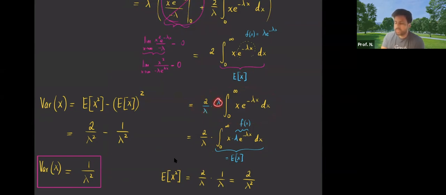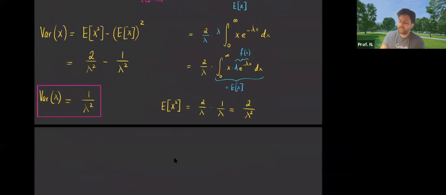But I do so because it conveniently helps me simplify my computation. Again, I could have just continued on my merry way and I still would have gotten 2 over lambda squared. I would have just had to do more integration by parts, but I want to just cut to the chase.